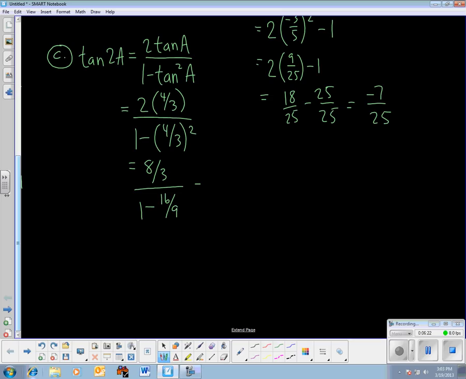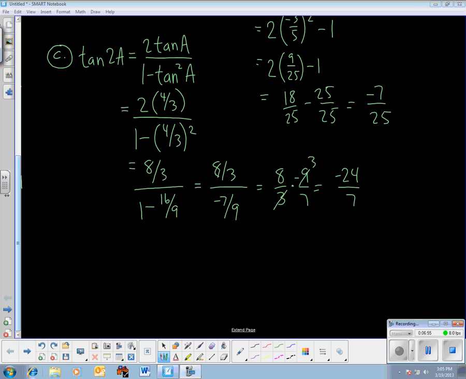Okay, so that is 8/3 over 1 minus 16/9, or 9/9 minus 16/9, would be 9 minus 16, negative 7/9. Okay, so this is 8/3 divided by negative 7/9, which is multiplying by negative 9/7. Do a little canceling, and I get negative 24/7.